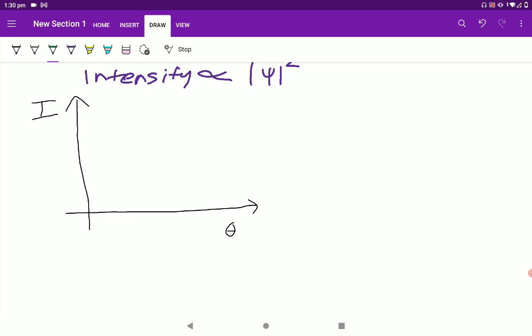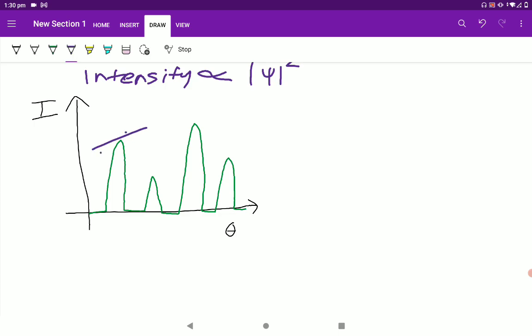The graph looks something like this, with peak values here at some values of theta.